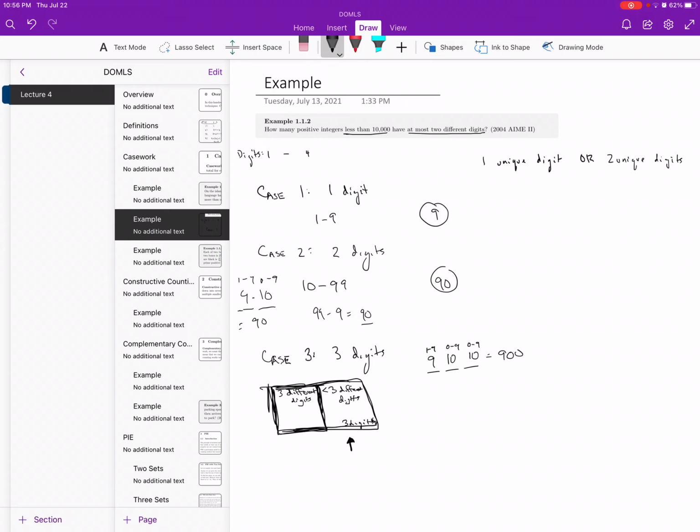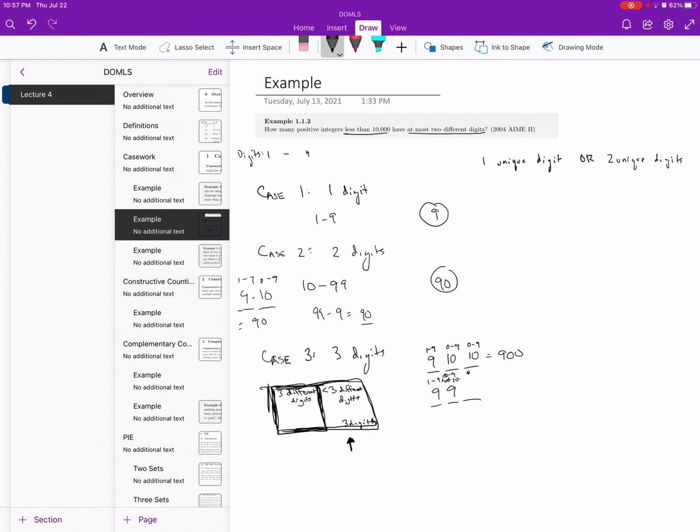Now, what about 3-digit numbers with 3 different digits? Well, there's 9 ways to choose the first digit because it can be 1 through 9. Then there's 9 ways to choose the second digit because it can be 0 through 9, but not the first digit. So we get 10 minus 1 possibilities, which is 9.